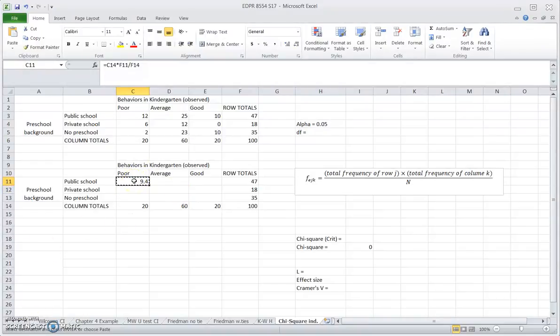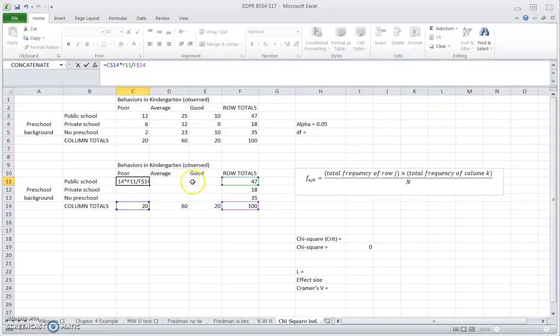I can copy and paste what I did here to other places, but just make sure when you move across lines, you always use the number from line 14. So I'm going to fix the line to 14 when I copy and paste this formula.